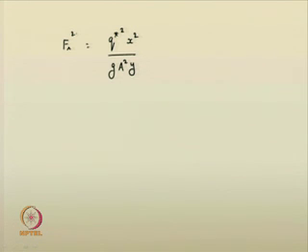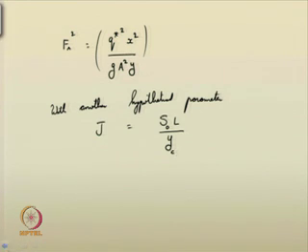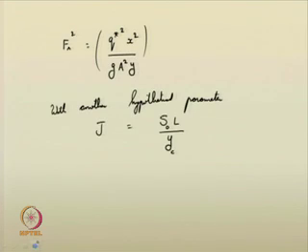With this quantity he related another hypothetical parameter, say J. J was defined as the bed slope times the length of the channel divided by the critical depth. So, we are assuming that at this brink the flow is critical, and this is the length of the channel. With these things, he defined a parameter J equal to S0 L by yc and tried to compare Fr with J.